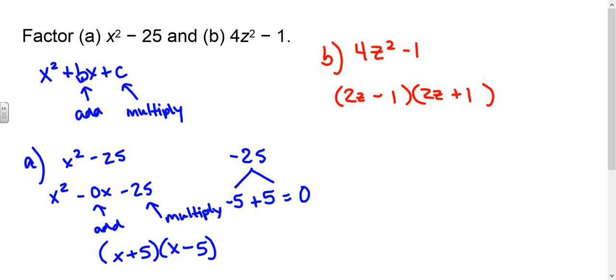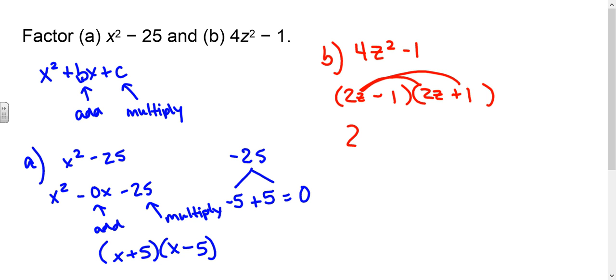So you're asking yourself, what number times itself equals 4? 2z times 2z is 4z squared. And then what number times itself equals 1? So 1 times 1 is 1. But remember, we have to make one positive and one negative. That way our middle term cancels out. And you can check this by multiplying through.